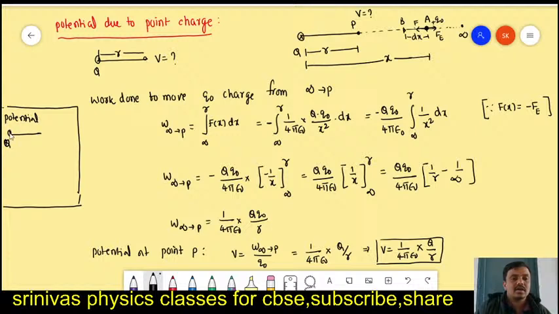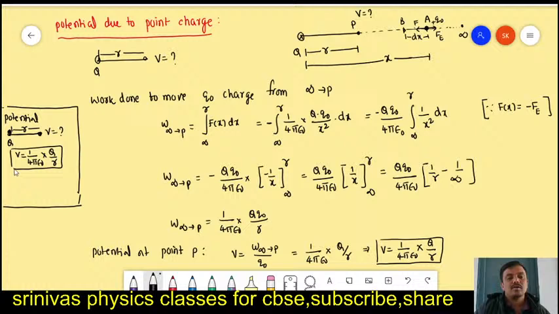At a distance r from the capital Q charge, what is the formula for the potential? From the capital Q charge at a distance r, the potential formula we got is 1 by 4 pi epsilon naught into Q by r, right? This is the formula for the potential.